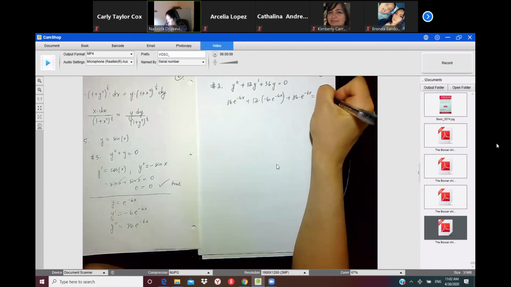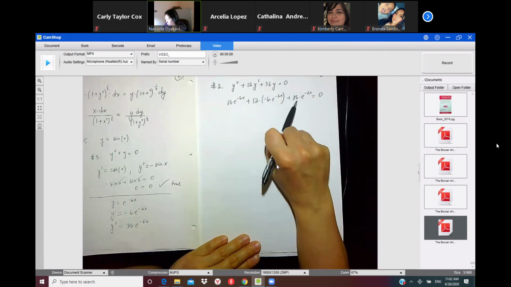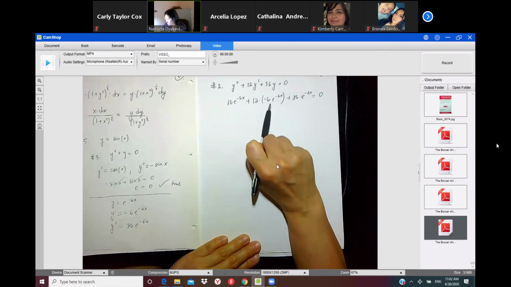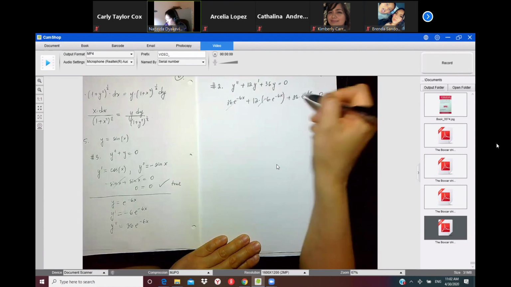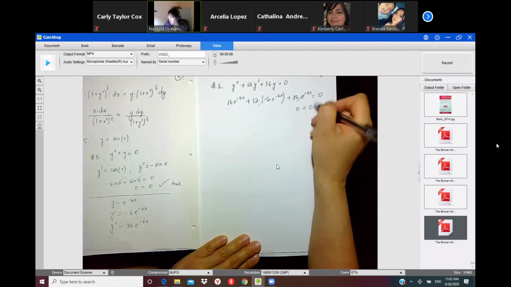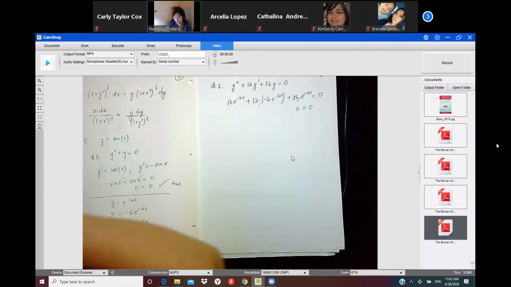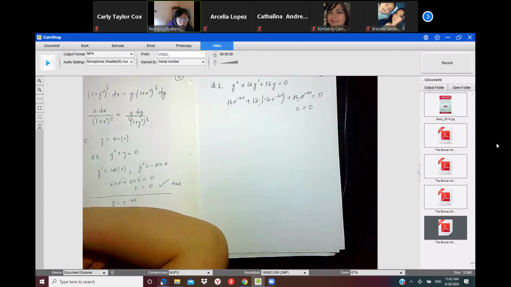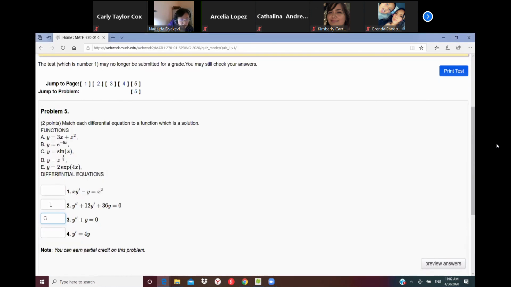I think this will work because this is 72 here, and this is negative 72. Everything cancels out. So yes, it looks like we just found that number 2 has answer B. Do you agree? Yes. Very good. Let's continue. We only have 2 more left.